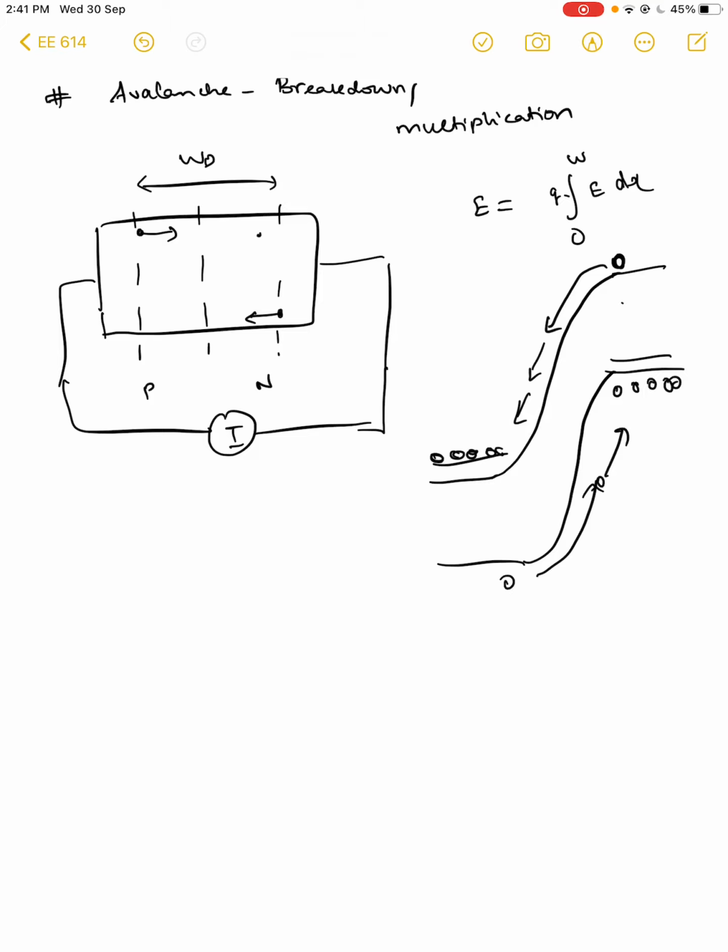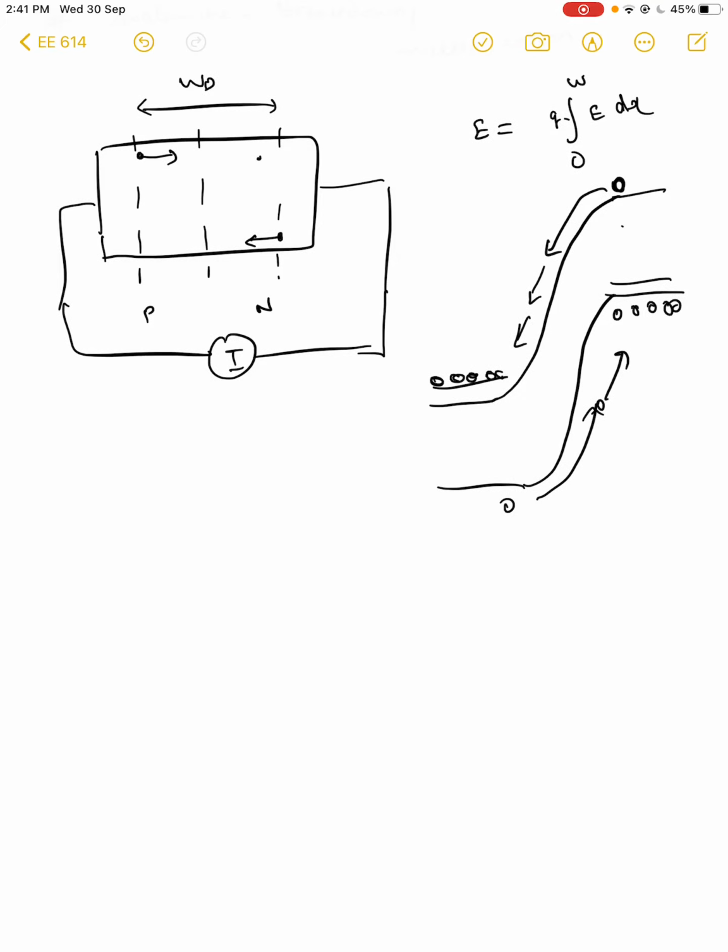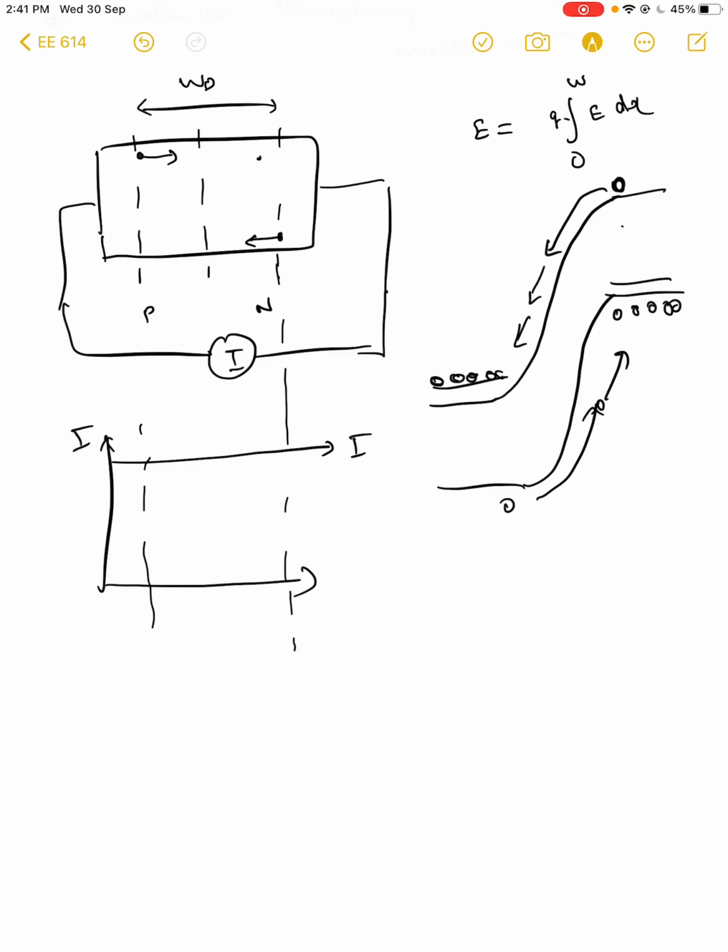If I draw the current density versus spatial distance in the depletion width, I am extending the depletion width, and I have a total constant current I on the top. At the edge, I have a hole current which is very small and gets accelerated as it goes through the depletion width.